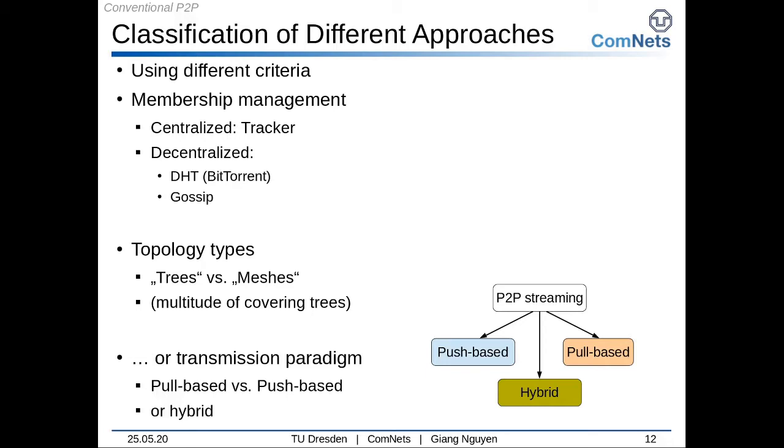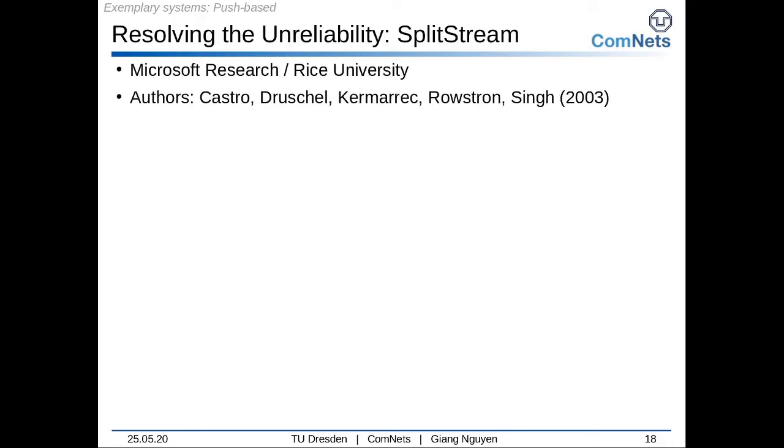Now, in the second half of the lecture, I will describe three exemplary systems, one for each of the types. First of all, let's have a look at a push-based system, SplitStream.